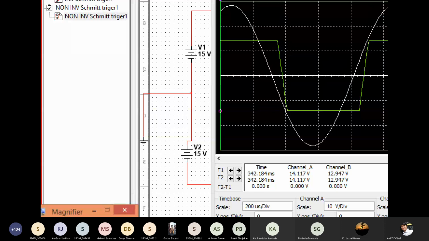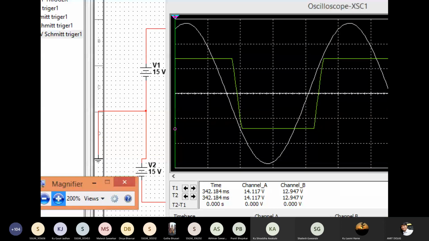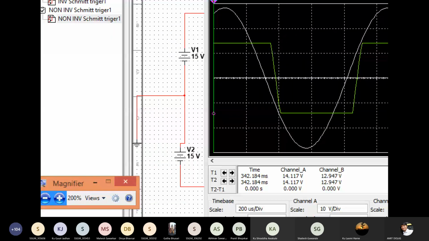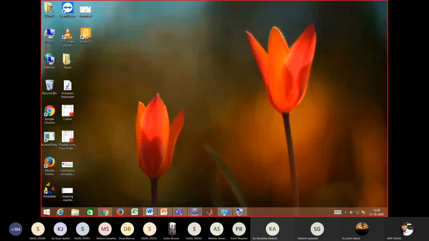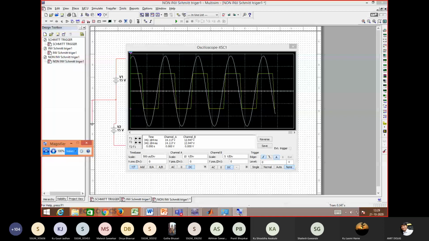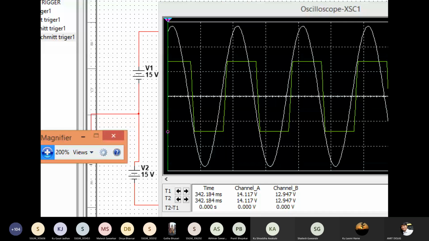So you can see, as the signal is trying to go below the minus, that is the lower threshold value, then the output goes negative.